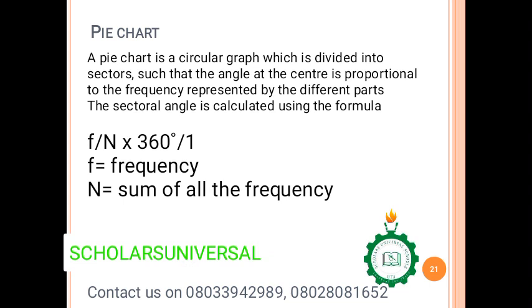A pie chart is a circular graph and is divided into sectors such that the angle at the center is proportional to the frequency represented by the different parts of the sectorial angle. Here you are going to calculate the sectorial angle, that is the frequency over the total of all the frequencies, times 360. That is how you calculate your sectorial angle.